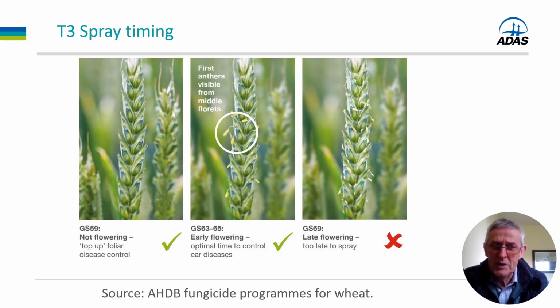For that purpose, the optimal timing is early flowering, when we can see anthers emerging from the lower and middle part of the ear. By the time we're seeing anthers emerging from all across the ear right up to the top, flowering is actually pretty much over and it's too late to obtain effective control.